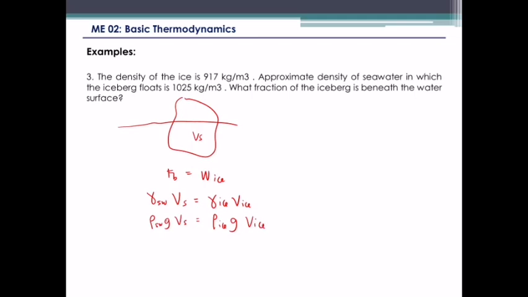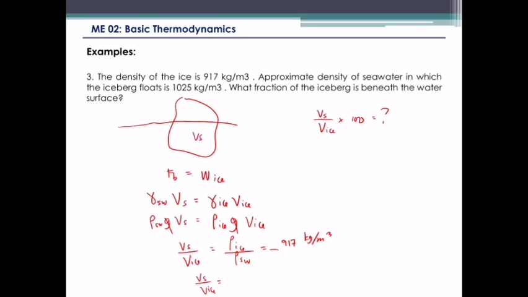g cancels out. Now, what we are looking for is the fraction of the iceberg that is beneath the water surface. So, Vs over the total volume of the ice. That is what we are looking for, Vs over V ice. So, this is actually density of ice over seawater. This is 917 kilograms per cubic meter.